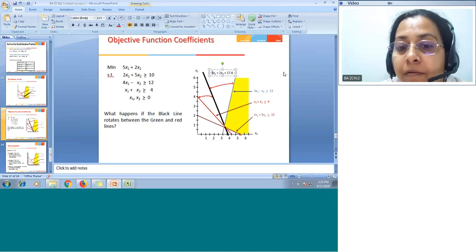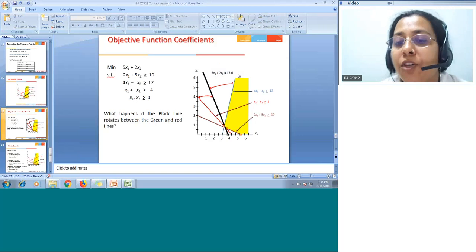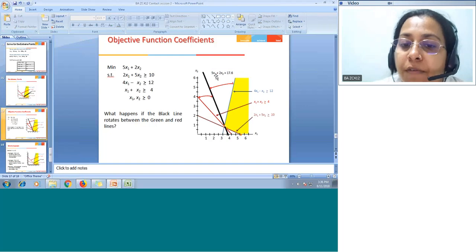So we need to know what latitude we have with this coefficient, so our objective function value will not change. So that way it is beneficial to see the sensitivity analysis of each variable coefficient in objective function, that if it is increased, what happened? If it is decreased, what happened?